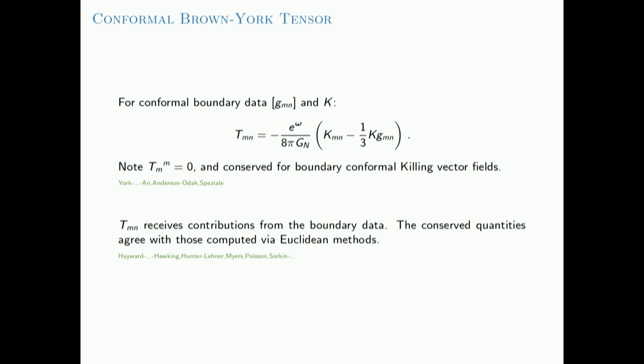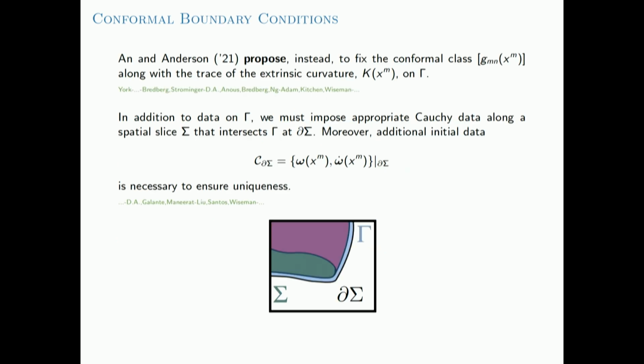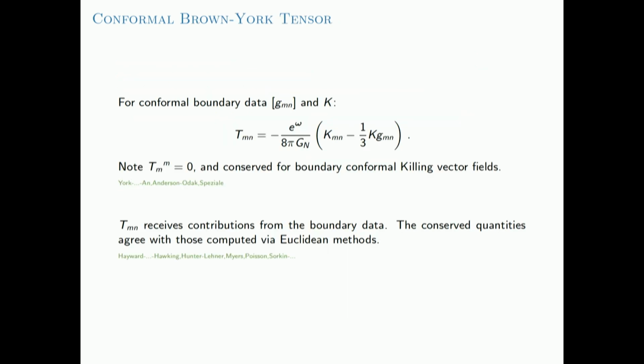For instance, the formal version of the Brown-York stress tensor, which is this thing over here, is a slightly modified version of the original one, which is manifestly traceless from the get-go and conserved provided the boundary has conformal Killing vector fields. In addition, bearing in mind this additional boundary data I discussed over here, T mu nu can receive contributions from these quantities as well. Okay? So we have a new notion of this boundary Brown-York stress tensor that we have to take into account.